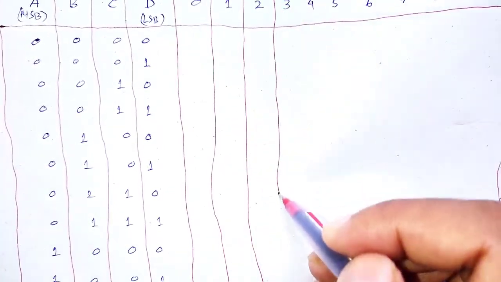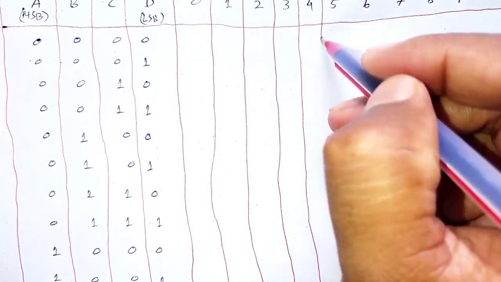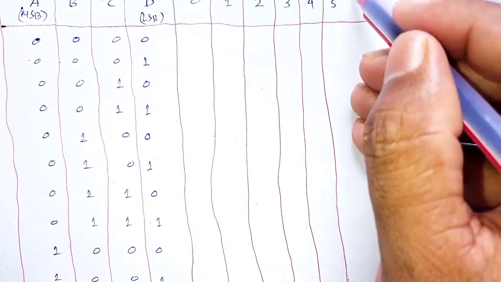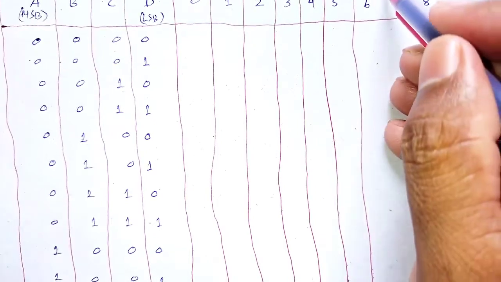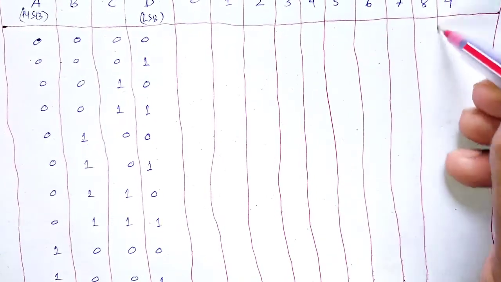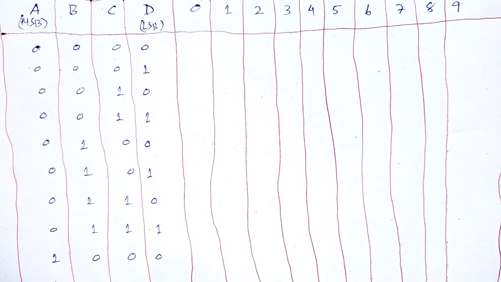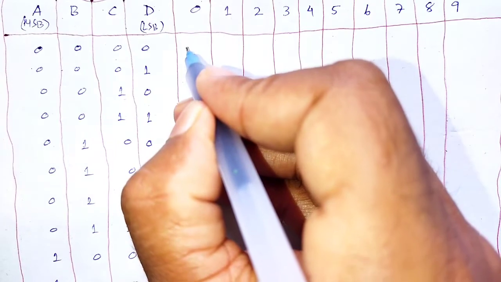Ten output lines, 0 to 9. The values are written here.